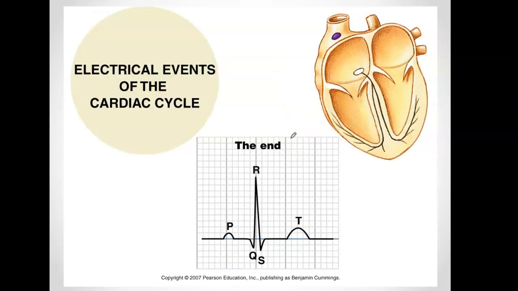And then it's complete. So all the electrical events have occurred, and you would begin again with the new depolarization of the atria. So this is going to travel along a little bit, and then you're going to get another P, and then the other QRS, and then the other T.